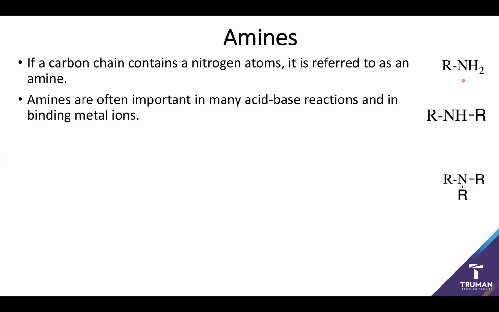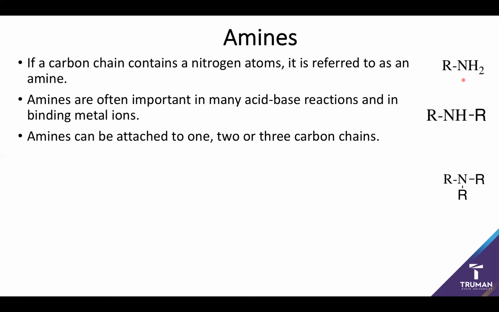Now, one of the big things that we want to make note of is that these amines can be bound to 1, 2, or 3 carbon chains, very infrequently 4, but these are the common 3 you'll see. So when we're naming these, we can have essentially primary, secondary, or tertiary amines. We're going to name the longest carbon chain with an amine suffix.